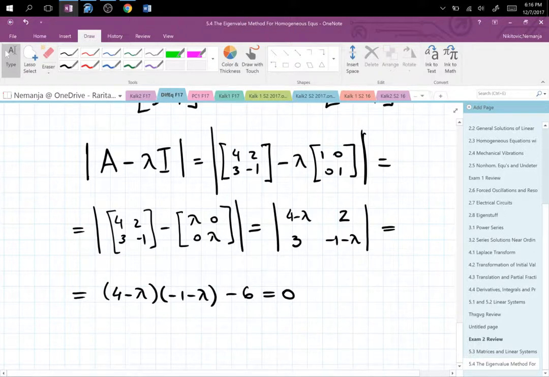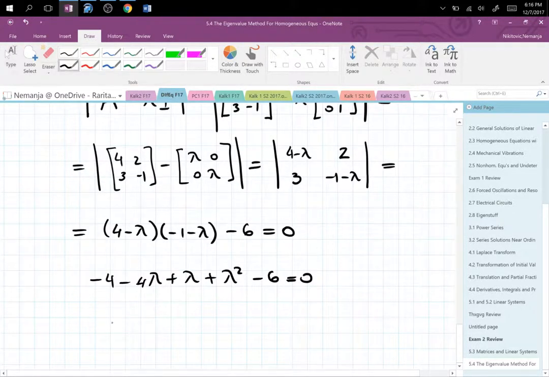So now when you FOIL all of this, you get negative 4 minus 4 lambda plus lambda squared minus 6 equal to 0. Lambda squared minus 3 lambda minus 10 equals to 0.